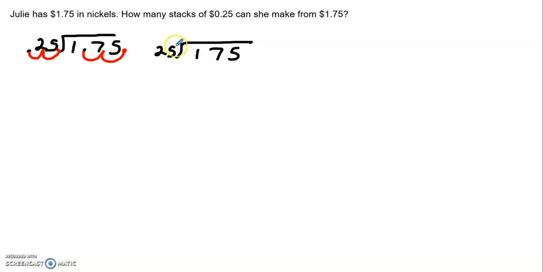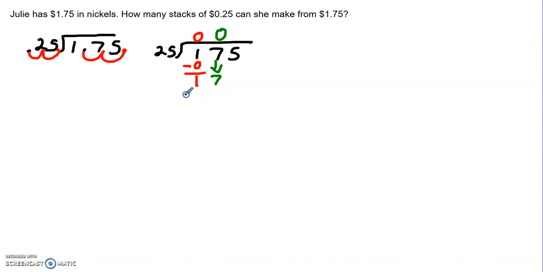Now that I have that, I can now do my division. How many times does 25 go into 1? The answer is 0 times. 0 times 25 is 0, so I have 1 minus 0 is 1. Then I bring down the 7. How many times does 25 go into 17?